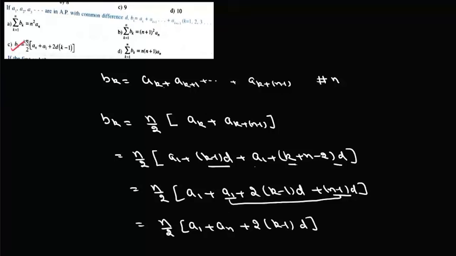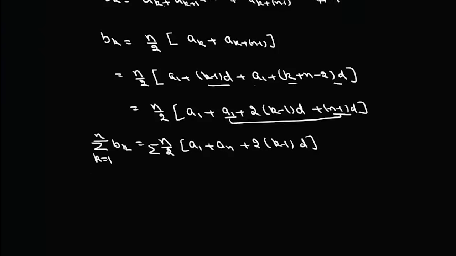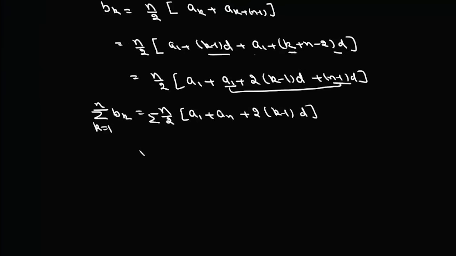Now we'll also need to find summation bk, where k varies from 1 to n. Now if we take this summation, it is n by 2 (a1 + an) into n, since it is a constant term, plus, and then we'll multiply this n by 2, so we'll have this nd, and then summation (k − 1) where k varies from 1 to n.